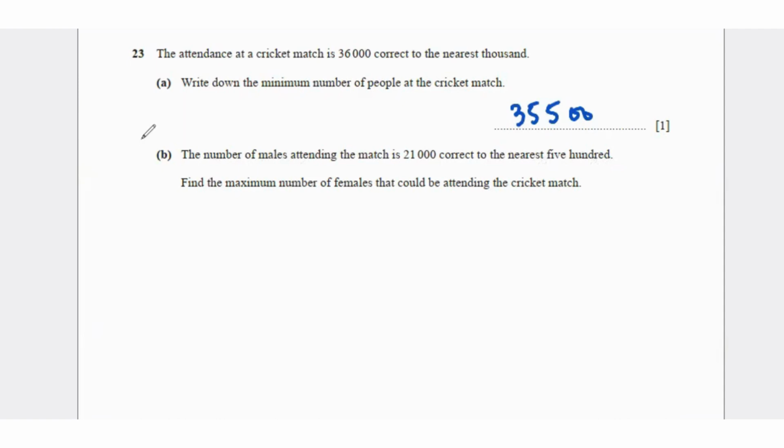Now, to find the maximum number of females that could be attending the cricket match, first we need to convert the 21,000 to its minimum number, because you have to find the maximum number of females. 21,000 has been rounded correct to the nearest 500, which means the smallest amount would be 20,750. Because keep in mind, we're rounding to the nearest 500.